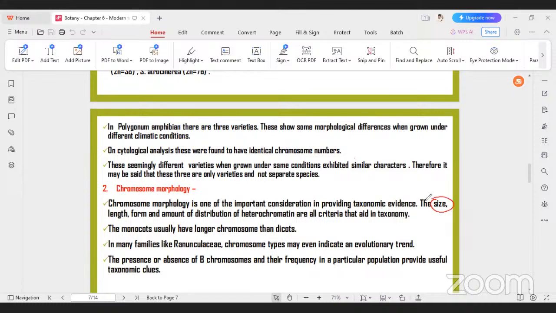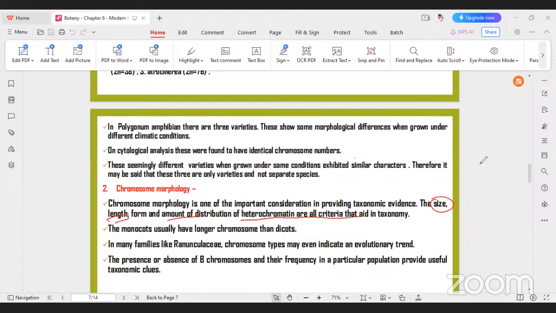Size also is considered, various in size and also length, and the amount and distribution of heterochromatin. They are the criteria.